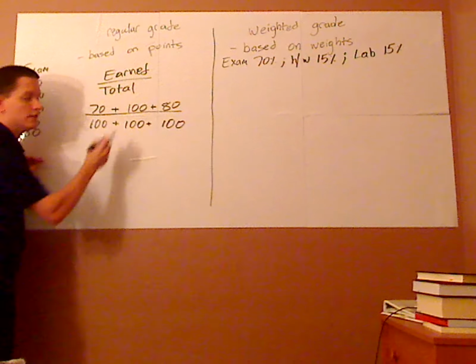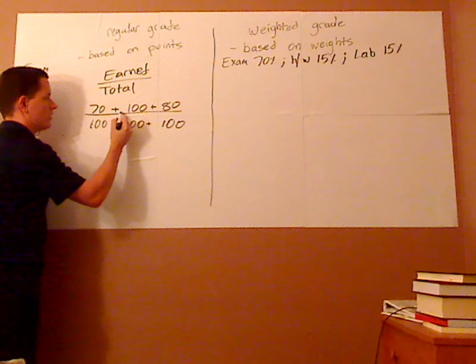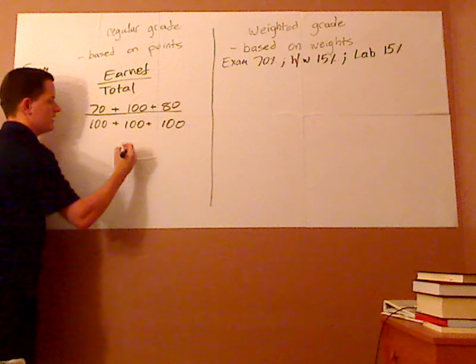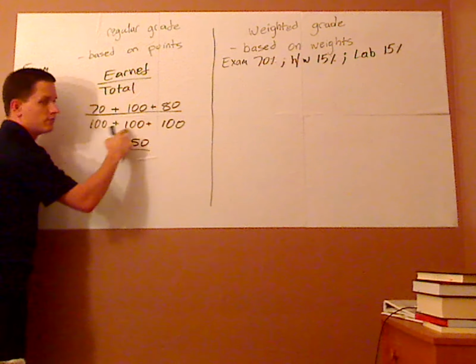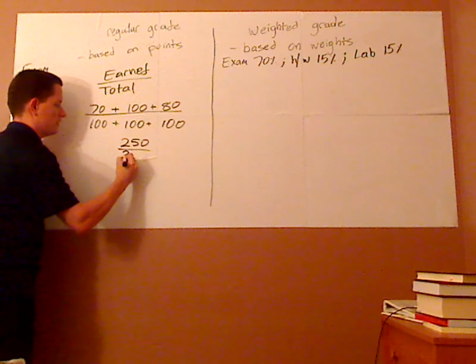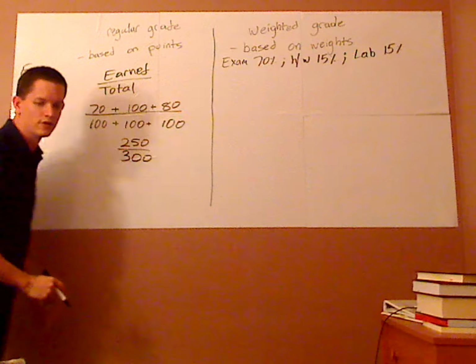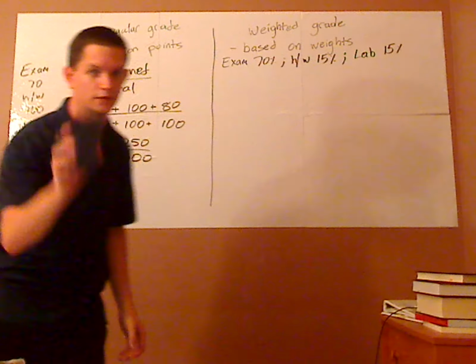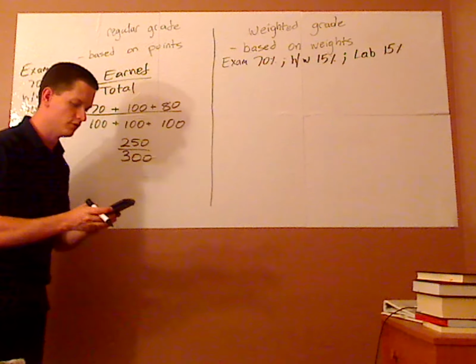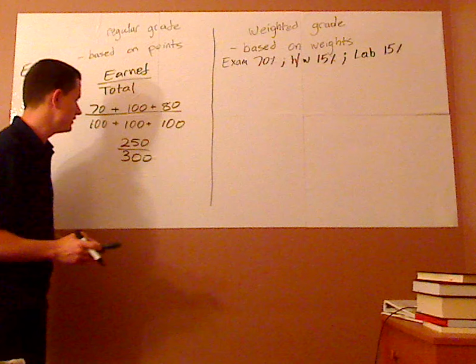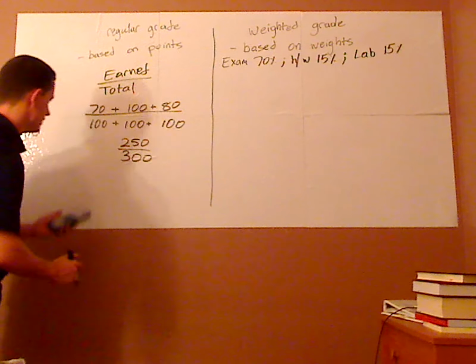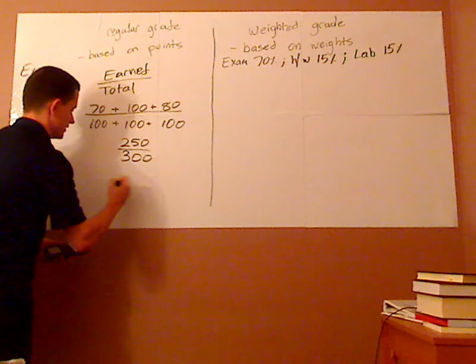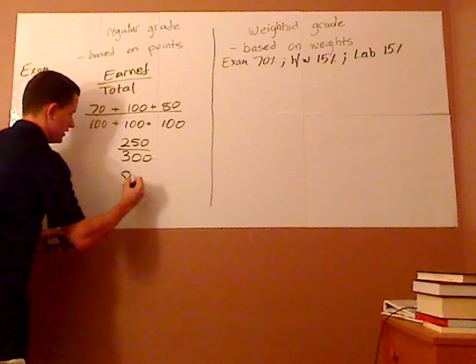And when you calculate this, on top you have 70 plus 100 plus 80, that's 250. 100 plus 100 plus 100 is 300. You break out your handy dandy calculator. So you do 250 divided by 300, and you get approximately, and I'm rounding, 83%.